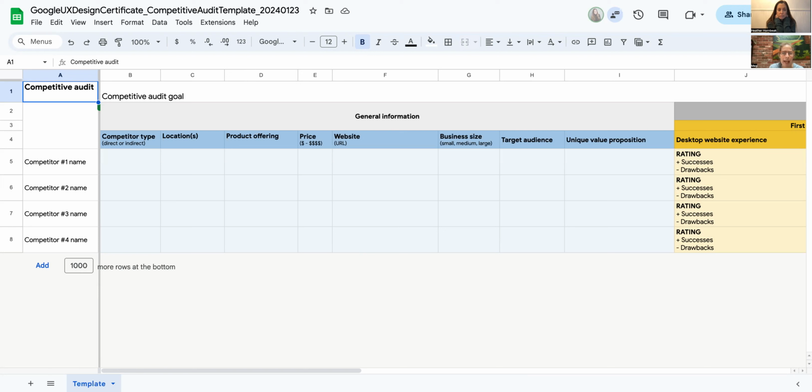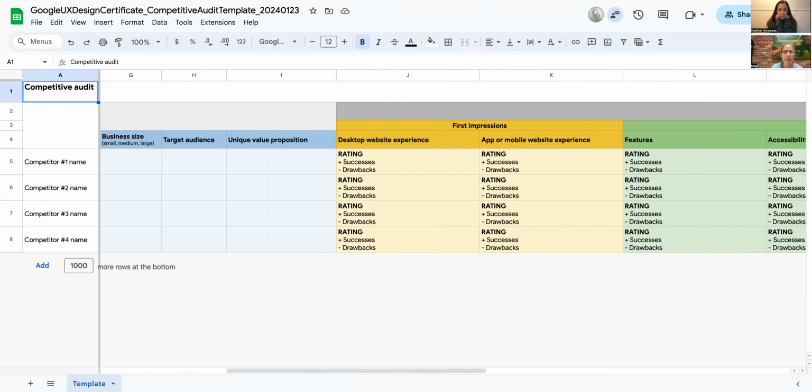What's real important is for you as the UX designer to figure out how your brain best works, because you're about to compile a lot of information. This is one way to do it, but there's not necessarily a right way, as long as you can get a really good feel of the competitor and a way to document all that information. So you can see here competitor name, and then you might get general information.